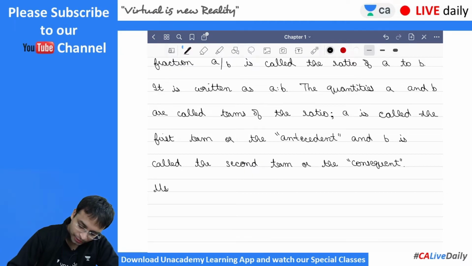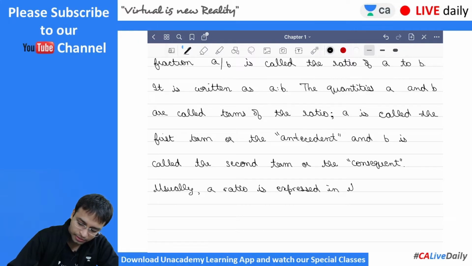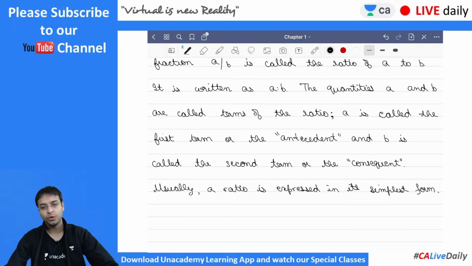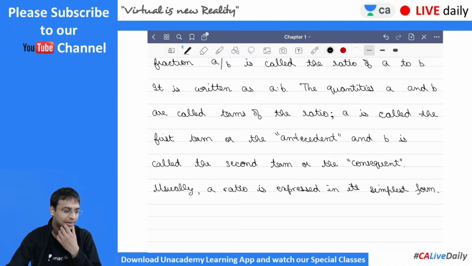Then write, usually a ratio is expressed in its simplest form.